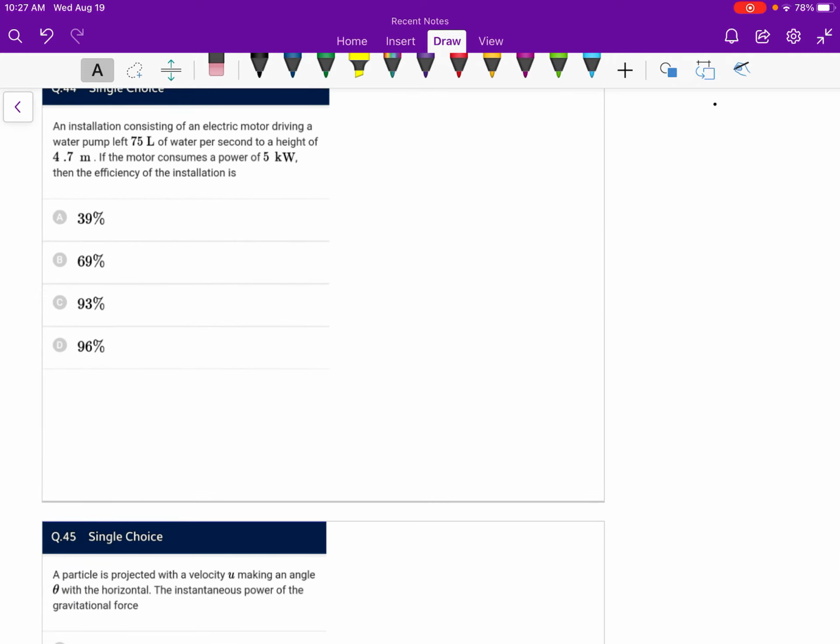An installation consists of an electric motor driving a this, power this, then the efficiency. So efficiency is P output upon P input. Now P output is mass flow rate into g into h, upon P input.